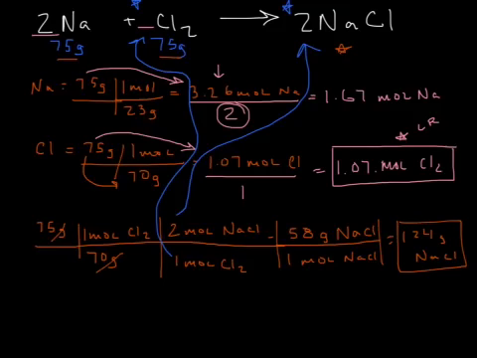We know we have, once again, 75 grams Cl2. Okay, we need to convert that to moles. So the math is going to look very similar. 1 mole Cl2. Alright, we've now converted to moles of chlorine.